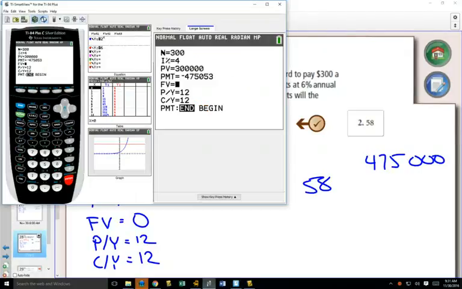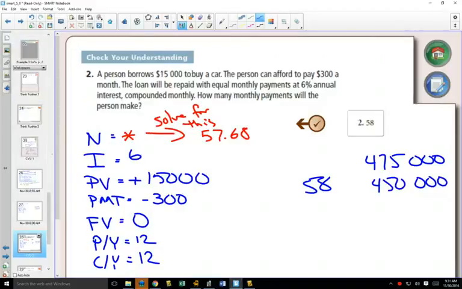So 4% was 475,000. 3.5% is 450,000. So the numbers are slightly different, but it's still a you had $24,000 difference, now it's a $25,000 difference. So you'd still be paying yourself $1,000 an hour.